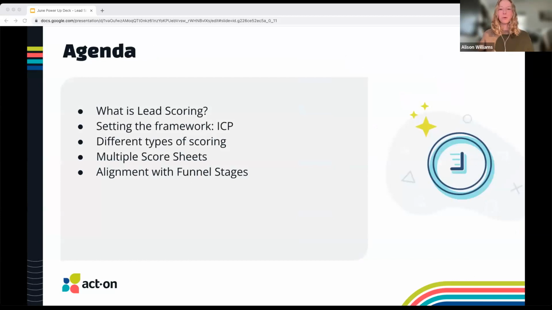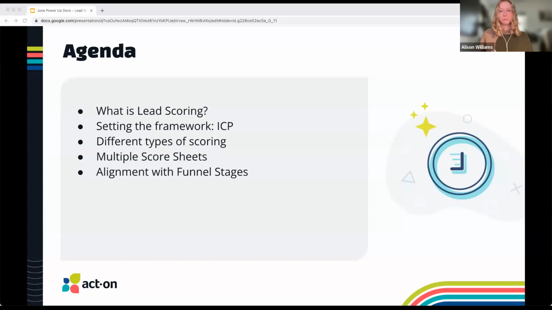So for our agenda today, we're going to start off by looking at the specifics, kind of what is lead scoring? What even are we going to be talking about today? So we'll start there. Then we'll take a look at how defining your ICP plays into this. And does anyone know what an ICP is?